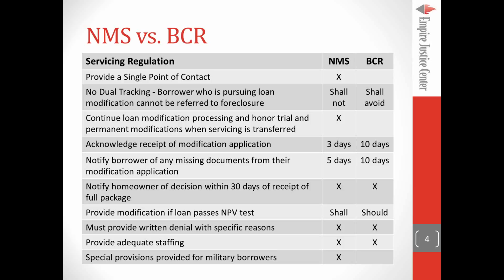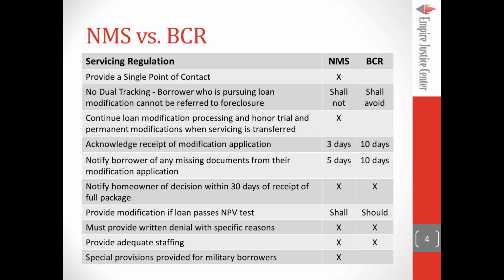I don't know, Becky, if you want to. Yeah, the bottom line is that the BCR is more vague. If you have an NMS violation, you have a bigger stick, frankly, because there's no wiggle room for these servicers. They have to abide by that requirement. They're not supposed to be doing this dual tracking.